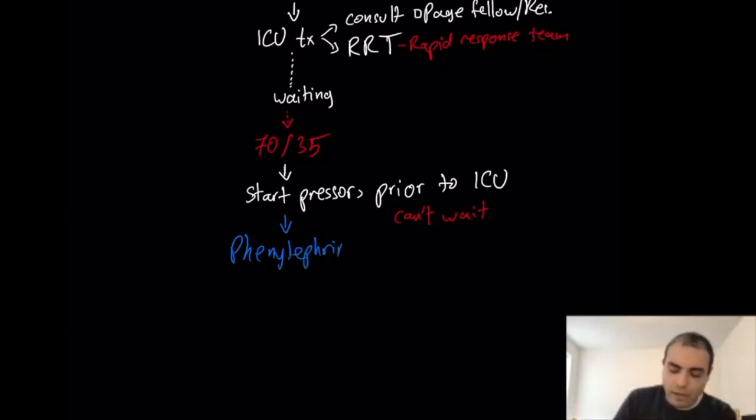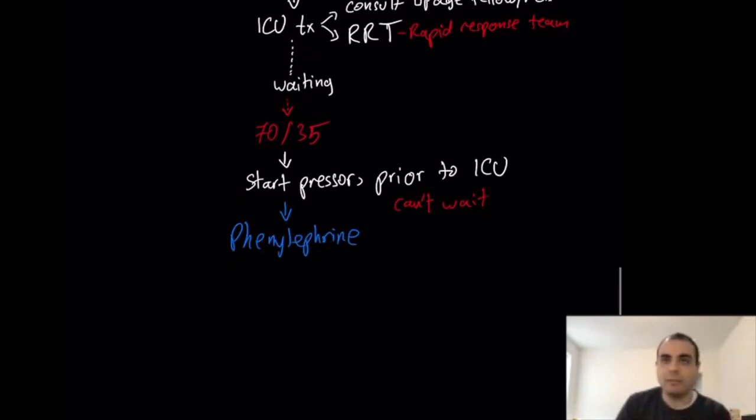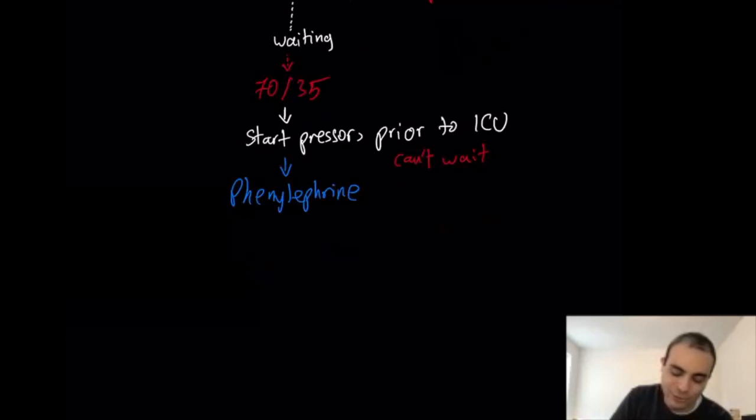Phenylephrine, by the way, if you come to the US and you say phenylephrine, no one will understand, because they're so used to trade names. They should know it, but some people don't. So you should know all the pressor names, the trade names. Phenylephrine is called Neo.